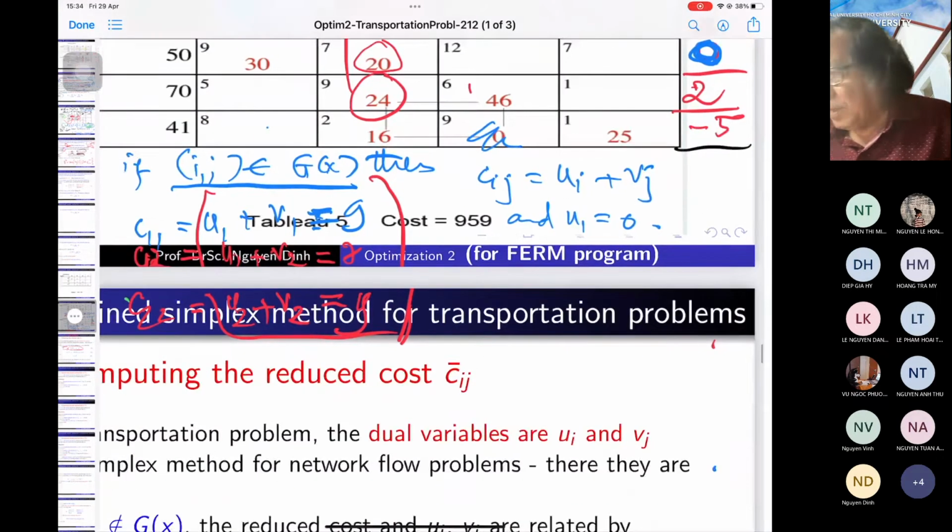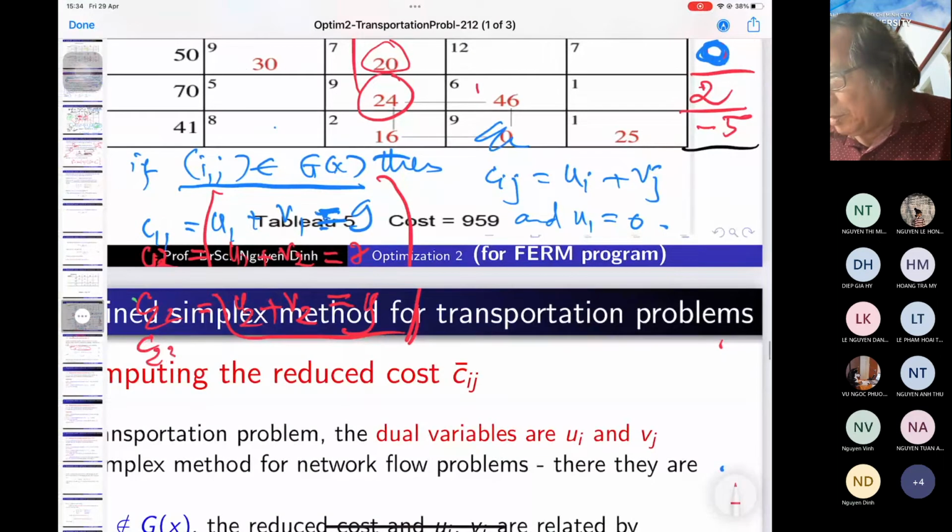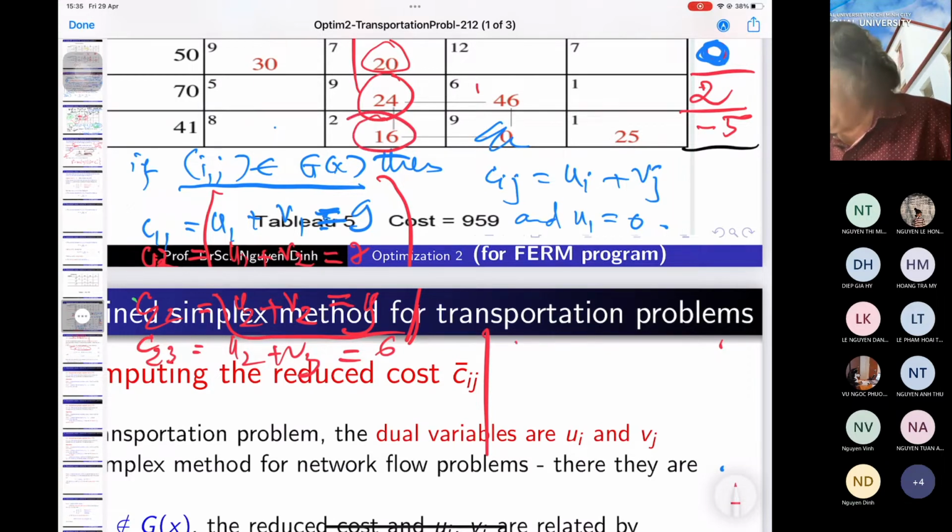C23 is U2 plus V3, and that equals 6. Then the next one is C32, which equals U3 plus V2, and that equals 2.